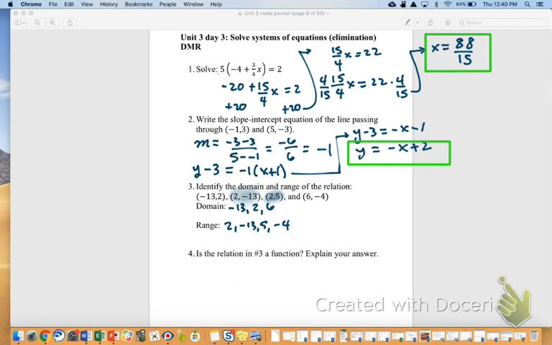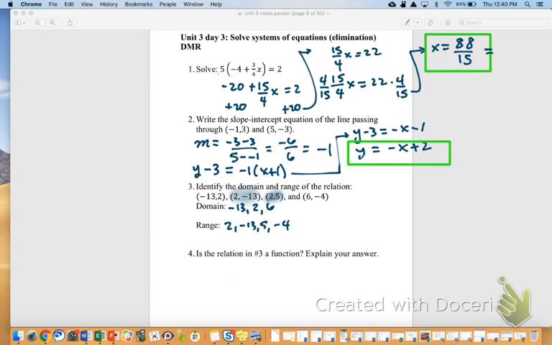Fair enough. Anybody else? Now's a chance for you to express your frustration, your I don't understand. Can you simplify 88 over 15? You can't reduce it. You could put it into a mixed number form, and I would not recommend this.